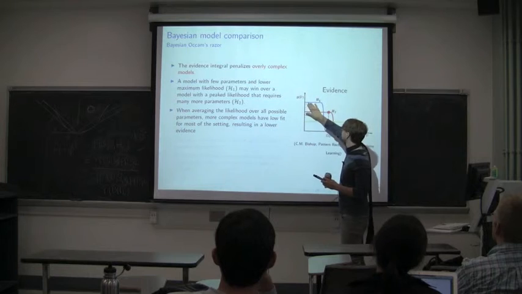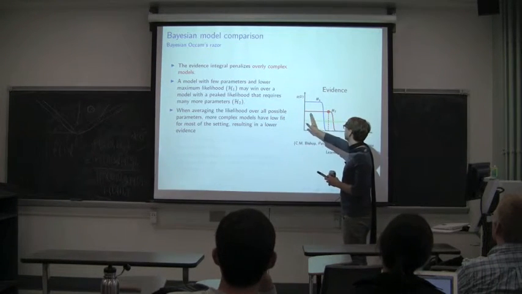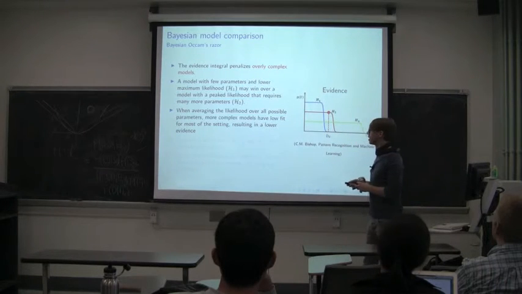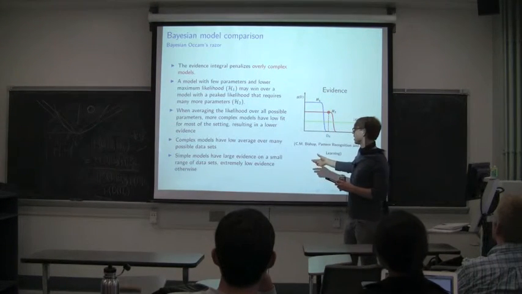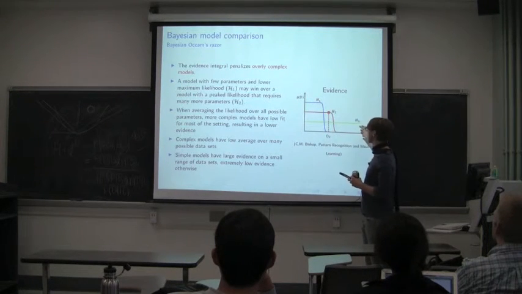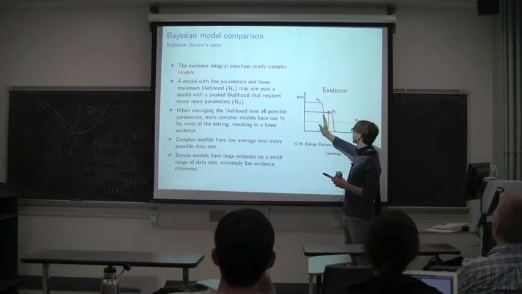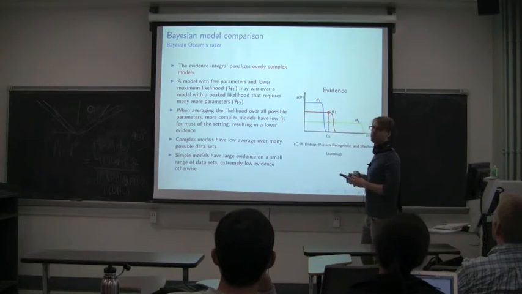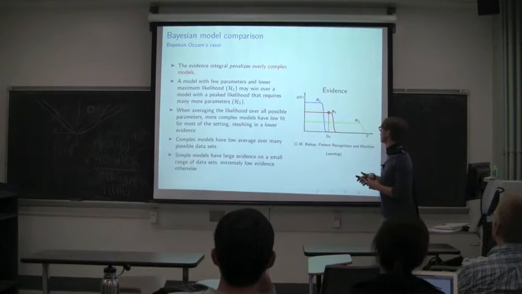While if you have a very simple model, where you have a very bad fit to a lot of data sets, but it fits a couple of data sets very well, and you integrate that, actually the evidence might be high.